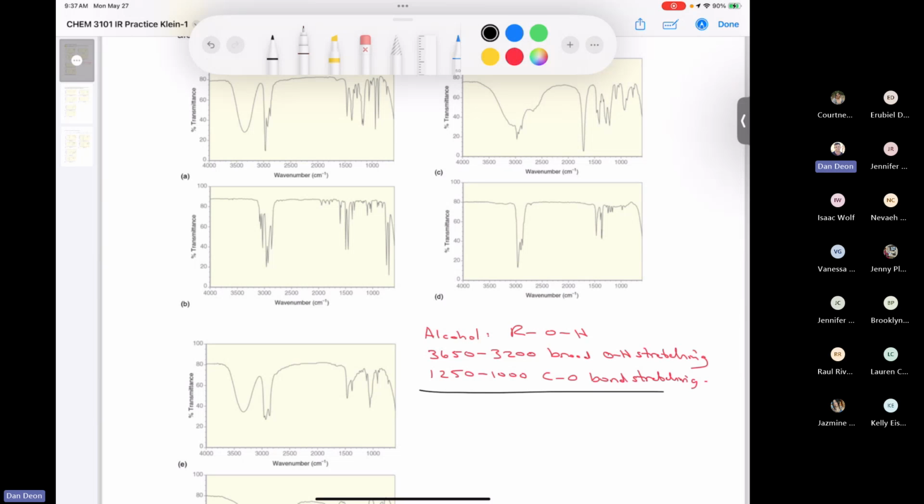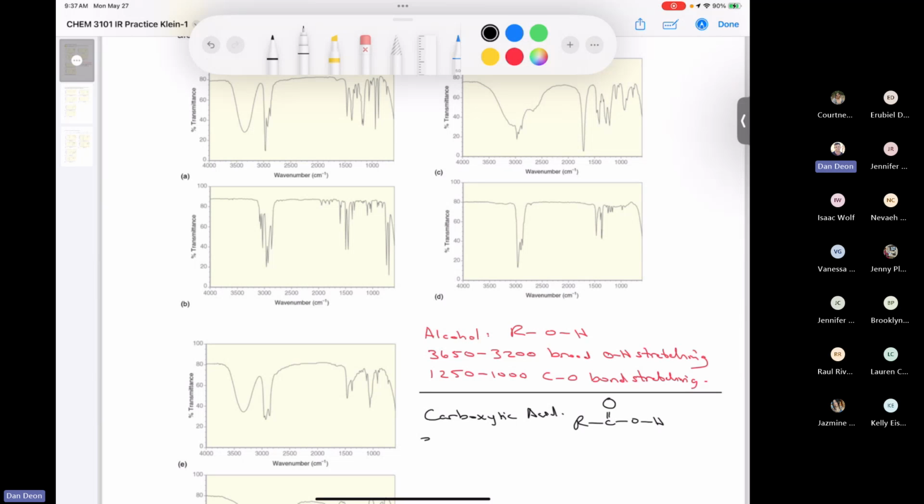Okay, now for a carboxylic acid, let's put in the pertinent stretching. So for a carboxylic acid, there's three of them that are going to be relevant. So the first one, we'll just write the functional group here. The first one, of course, is going to be the oxygen-hydrogen stretching, which is very pronounced.